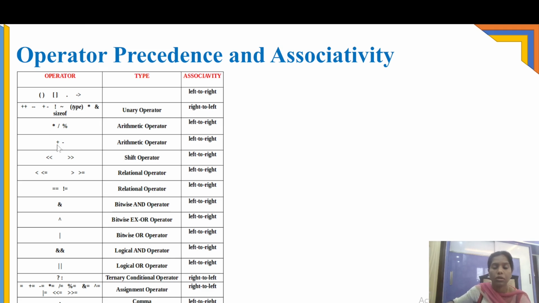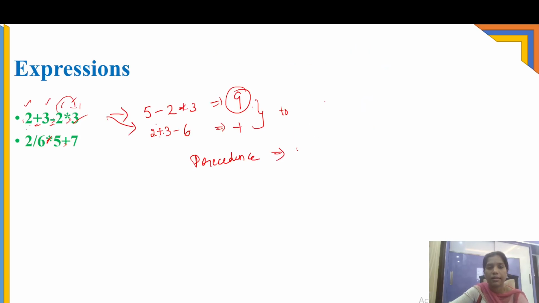So we have the BODMAS rule: brackets, of, division, multiplication, addition, subtraction. So in this case, first division, multiplication, addition, subtraction. Division is not there.